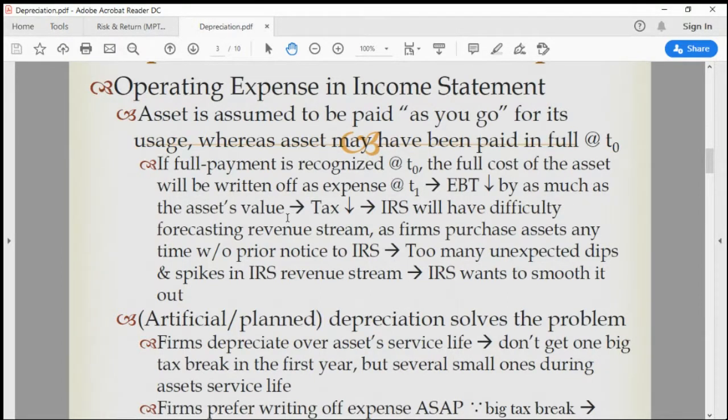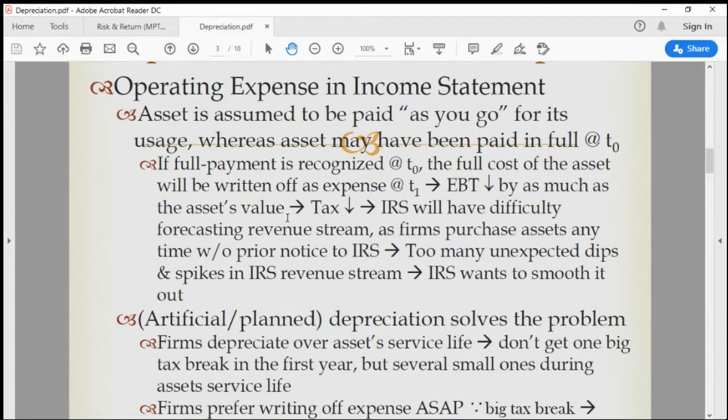So first of all, this is why interest is called a business expense, because by as much as the interest payment, taxable income or EBT goes down, right? But even before that, all business expenses reduce your taxable income.